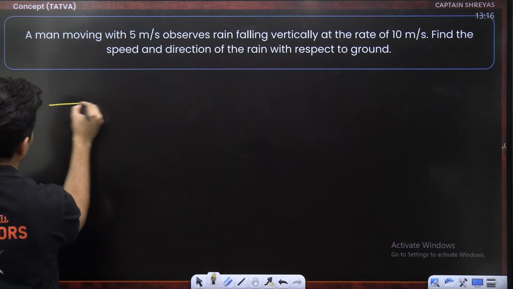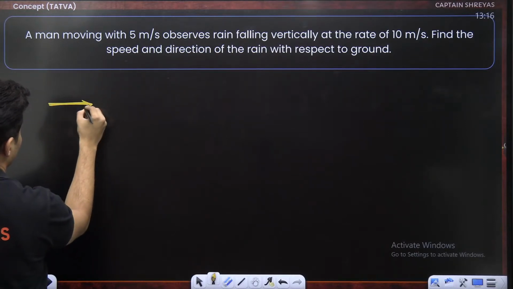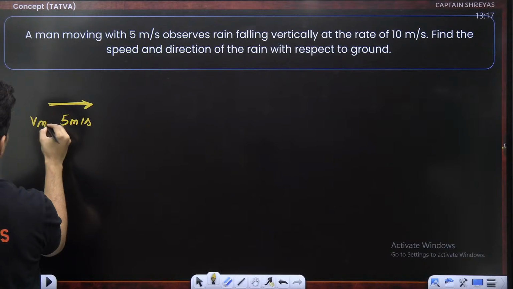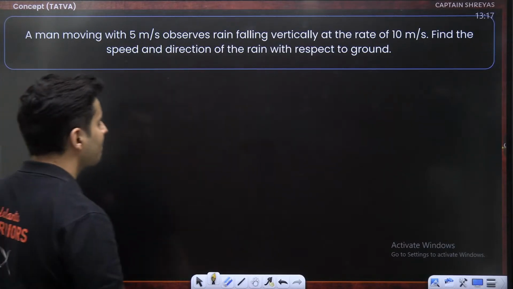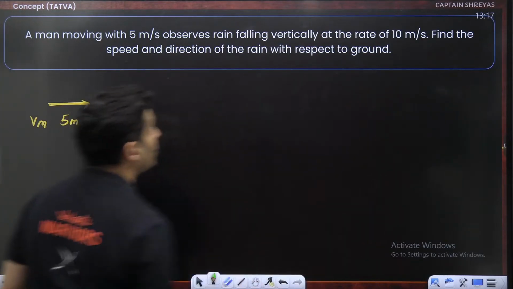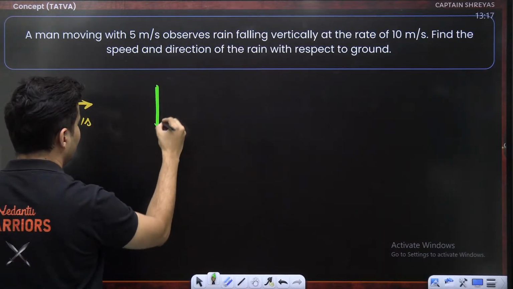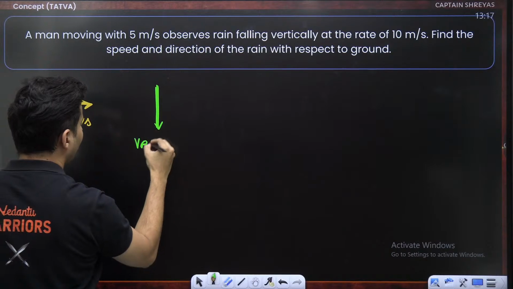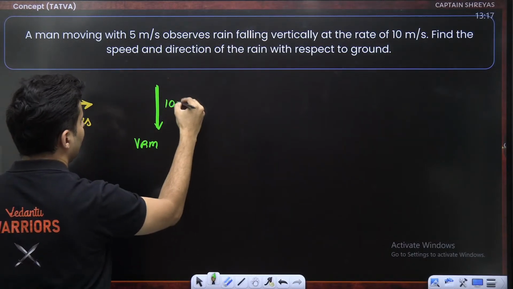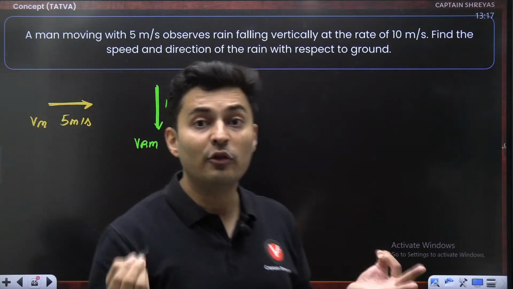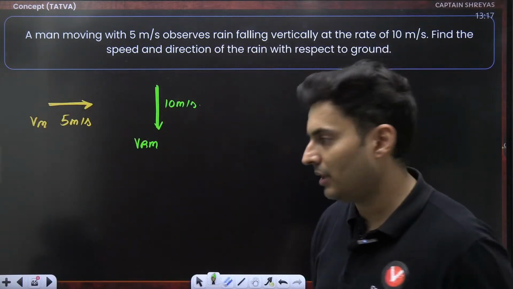The person is moving maybe like this, with a speed of 5 meters per second. This is the velocity of the man. What appears to him, that means the resultant velocity Vrm vector, is 10 meters per second. The question is, what is the Vr vector, the rain velocity?